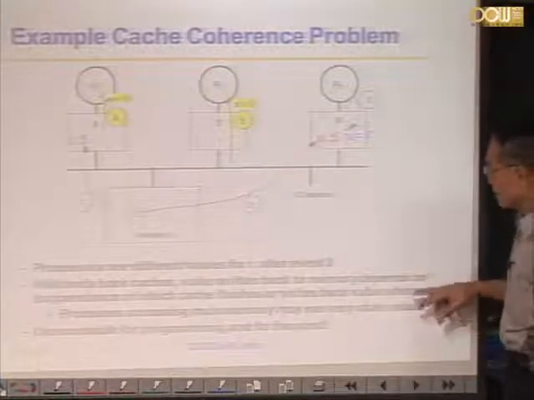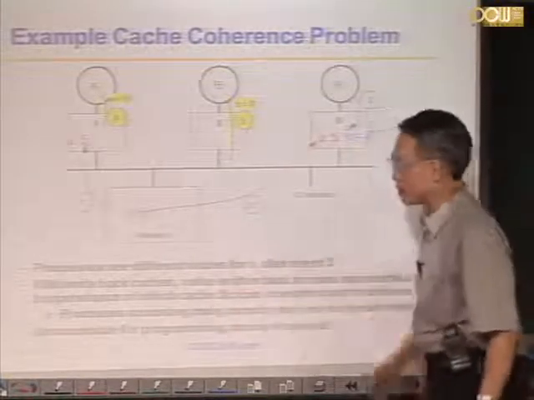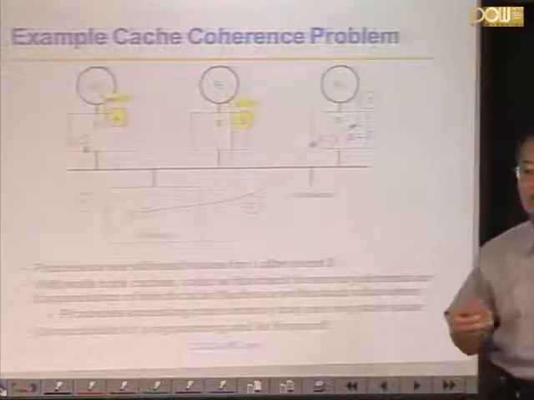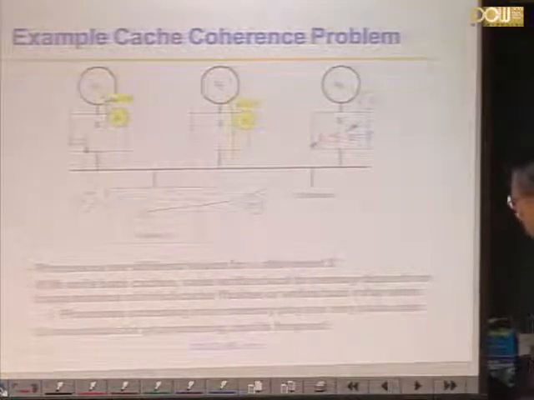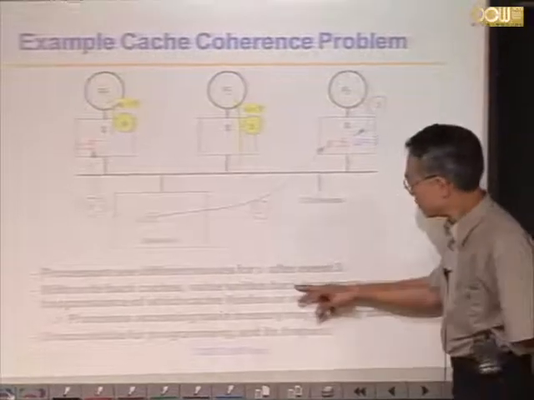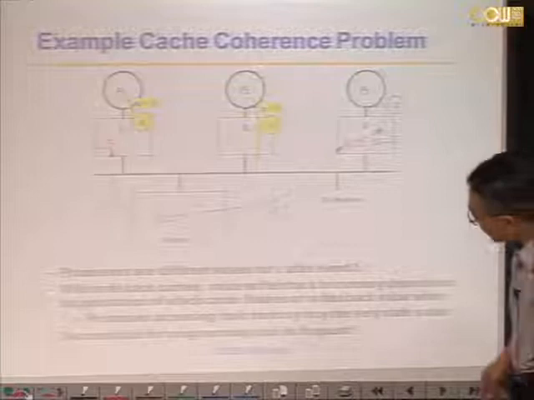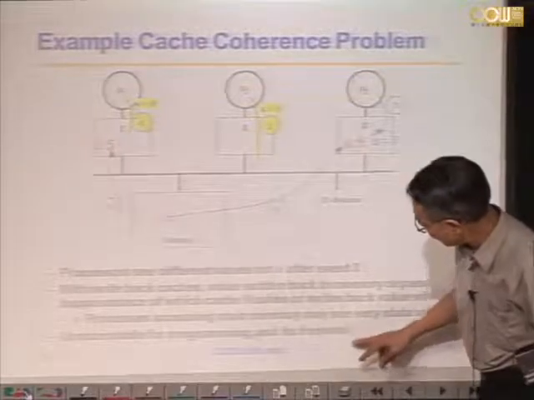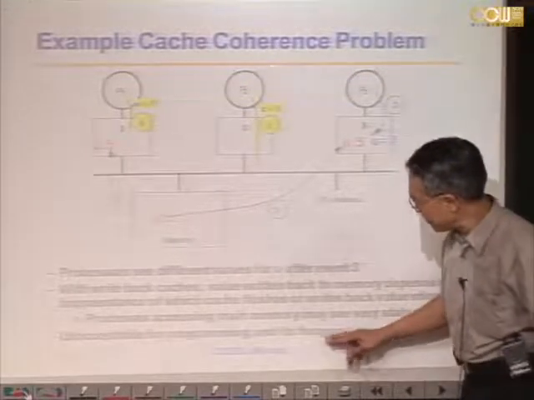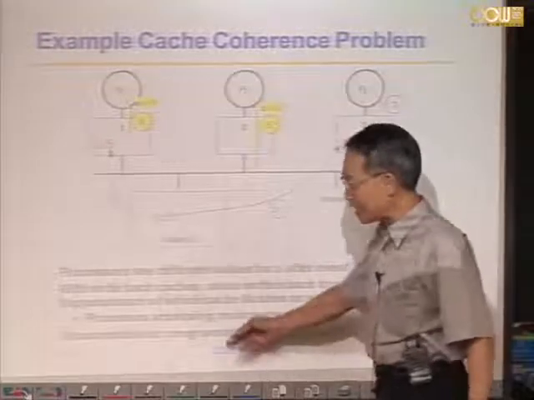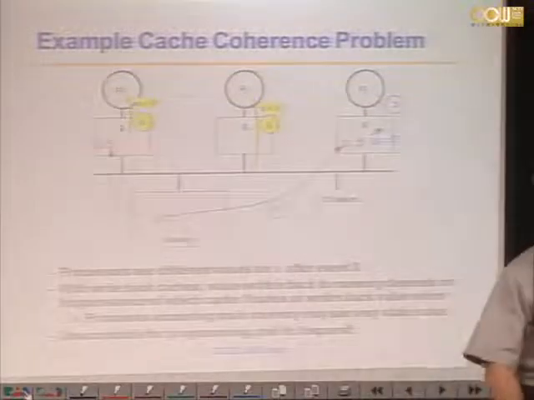Both are unknown, non-deterministic. So write-back cache creates even more trouble and is unacceptable for programming, and it's frequent. It's very often seen, but it's not acceptable. We need to do something about it.